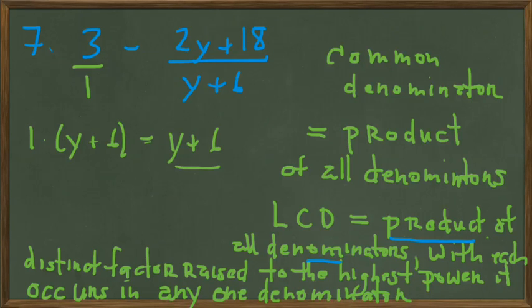But then we have each distinct factor raised only to the highest power it occurs in any one denominator. I want to illustrate that with a more complex set of denominators on the next blackboard.